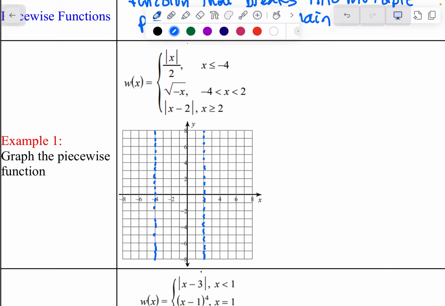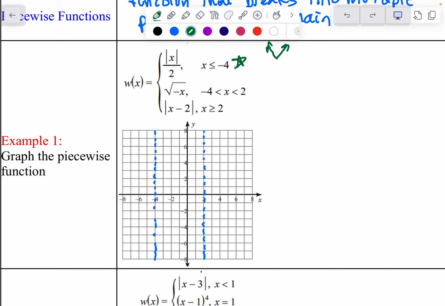So first, what I would like to do is graph this top one. Now, you might recall from what we know about our parent function that our parent function is a v. Okay? What this divided by 2 does is it takes our v and squishes it down a little bit.